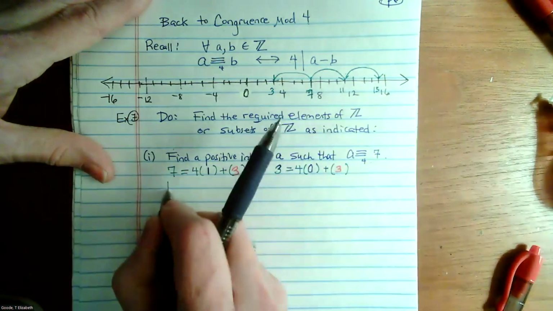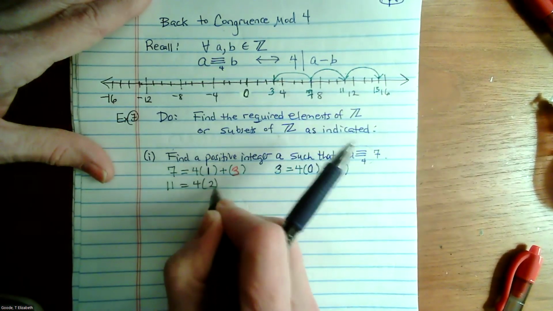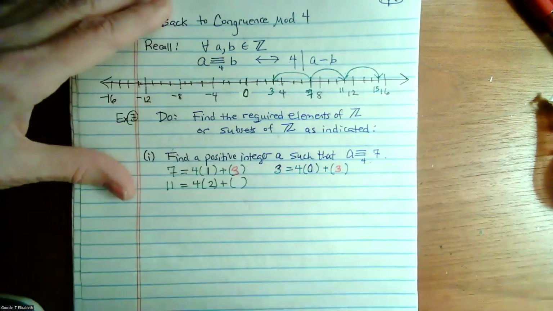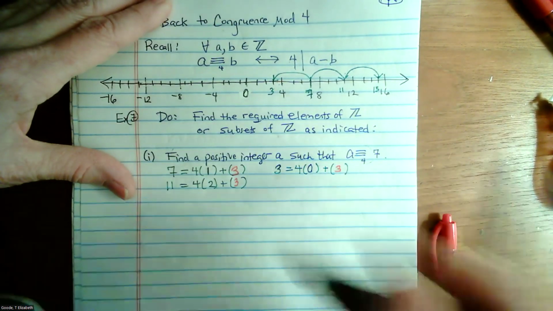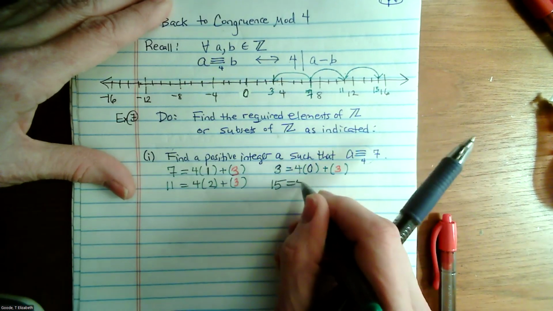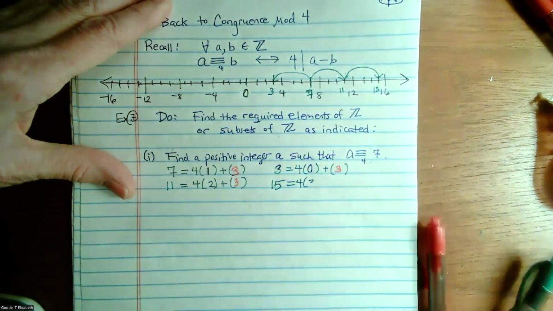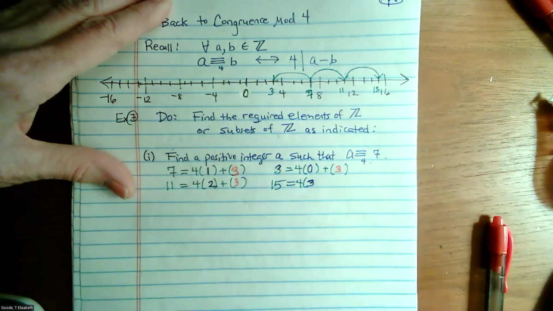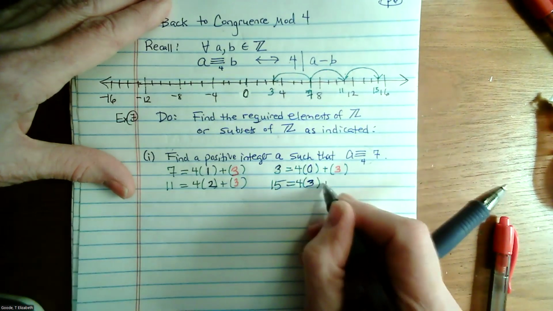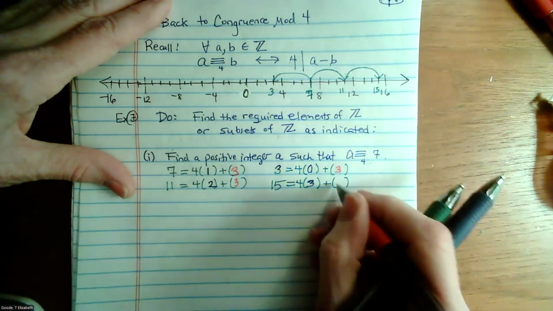And you can check it. 11 is 4 times 2, plus the same remainder. 15 is 4 times 3, plus that same remainder, namely the magic remainder 3.